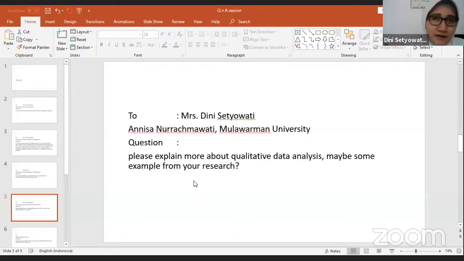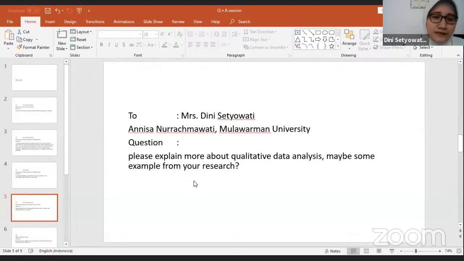After I had coded everything, I compared one code with another code, and then I identified whether there were similarities or differences, and then I started to classify. I look for categories and subcategories. So the codes that have a similar meaning or similar term, I put in one group and so on.